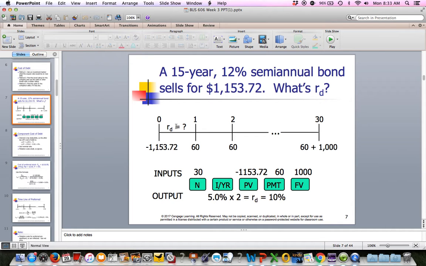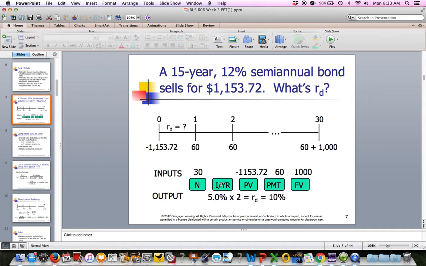And what we're saying then, I could plug in some numbers on a timeline, or I could use a financial calculator, or I could use Excel to figure out what the components are. And the things that impact the time value of money are the number of periods, and it's 30, because semi-annual means twice per year, so 2 times 15 is 30. My interest rate per year is, we're solving for that one.